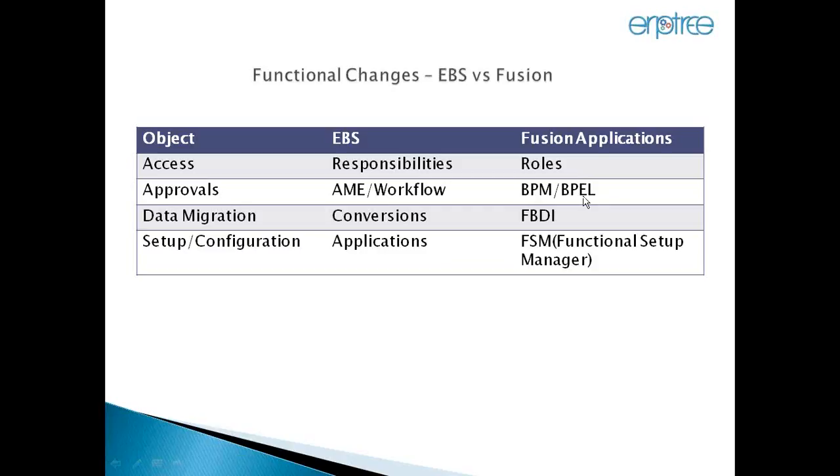Through that, the BPEL workflows will be running. Data migrations: in EBS, we do data conversion, which should be done by technical people. In Fusion, we have FBDI templates, File-Based Data Import. By using these file-based data import templates, which are provided by Oracle, we can easily do the data conversion without technical help.